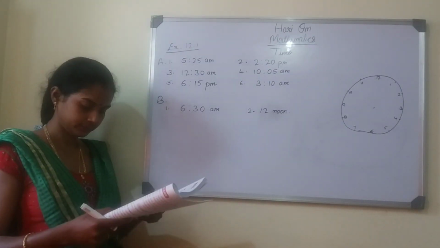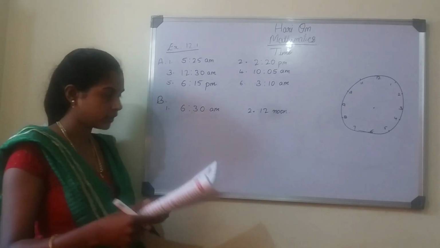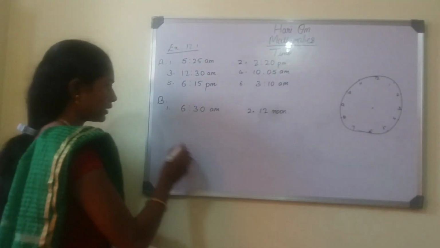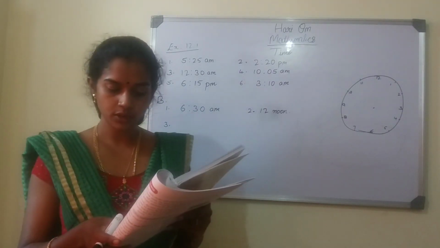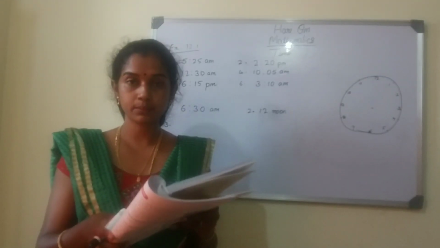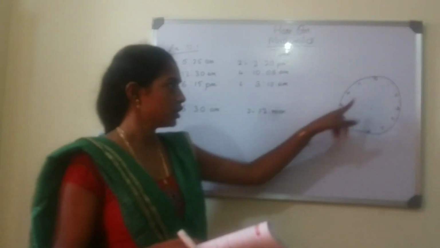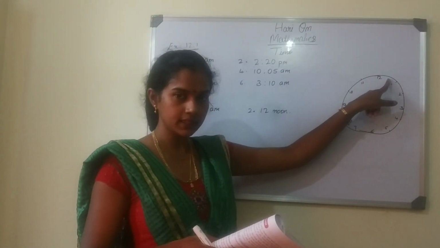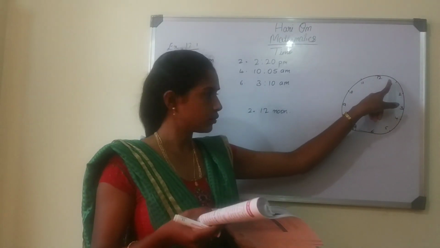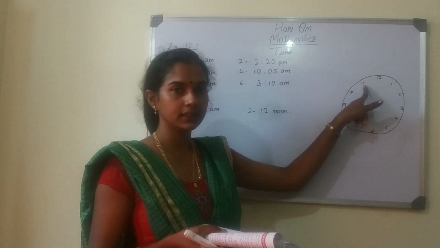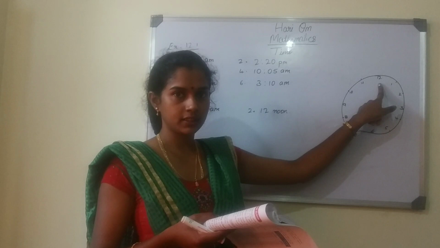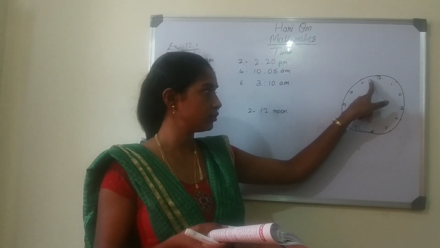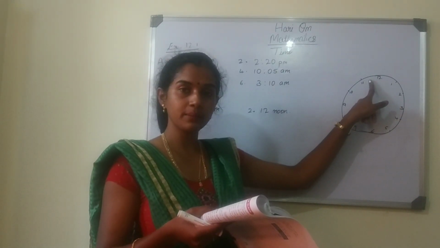Okay children, now look at the third one. I am going to write below, children. 12 o'clock 30 minutes PM. PM is afternoon. So if it is 12 o'clock 30 minutes, the minutes won't change. Before 12 o'clock it will be 11 o'clock, so 11 o'clock 30 minutes. Before 12 o'clock noon, it is 11 o'clock, so PM becomes AM.